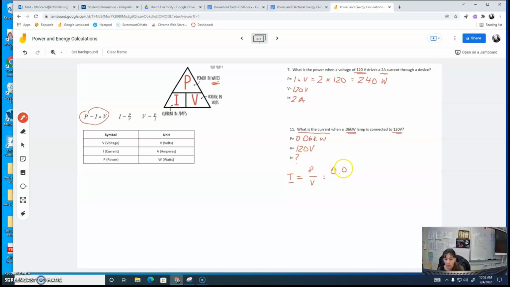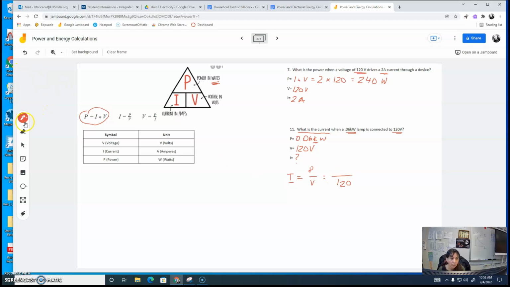Can I just say, oh, okay, so it's 0.06 divided by 120? No, that would not be correct. Why not? Because this right here is kilowatts. Remember, in order to use this formula, and if I want to get my current in amperes, I gotta have my power in watts, like it says here. So I can't just straight up use this number. First, I gotta convert it from kilowatts to watts.